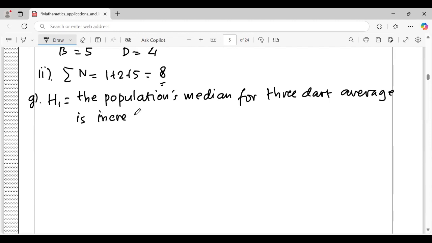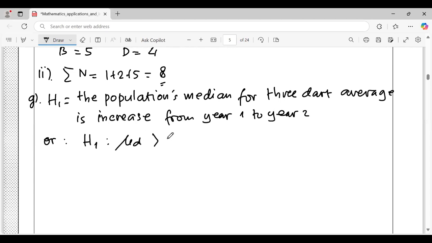I'm going to use the term increase from year 1 to year 2. That is the alternative hypothesis, or we can state it like this: the alternative hypothesis is mu d greater than 0. It means the population's median difference between year 1 and year 2 is greater than 0.